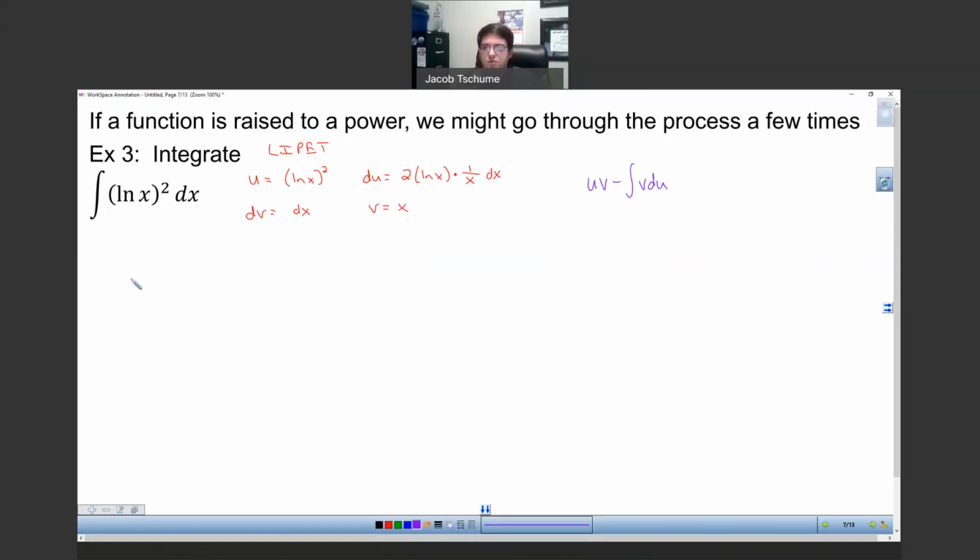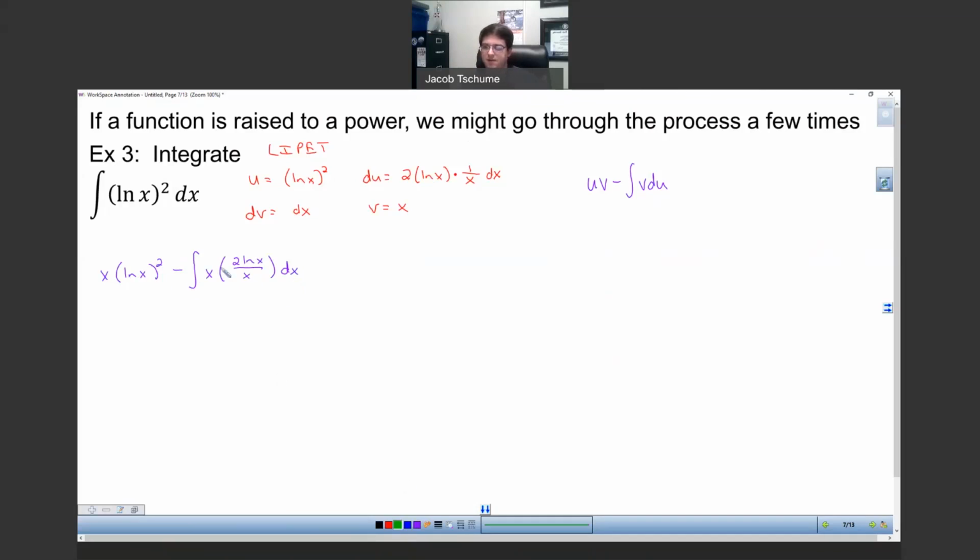When I substitute all of my terms in, multiplying the u and the v term together, that is x times the natural log of x all squared, minus the integral of v du, which would be x times, and if I clean up my du term, 2 ln of x over x dx.